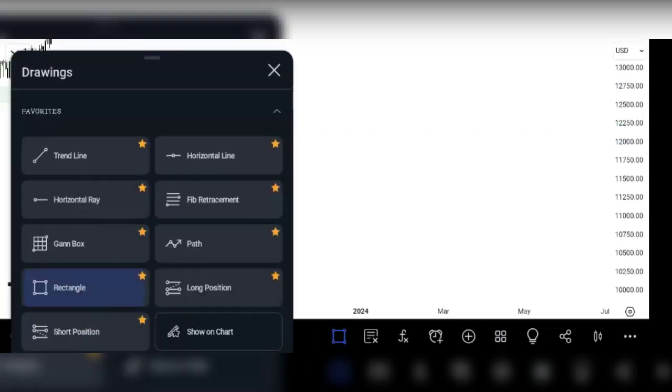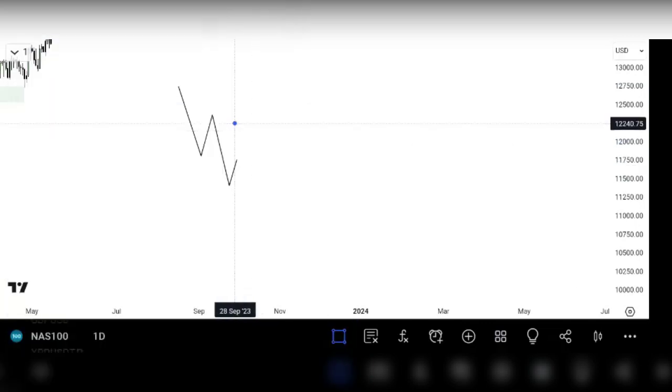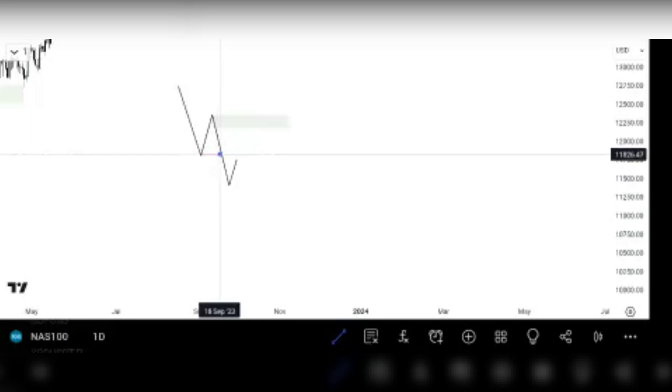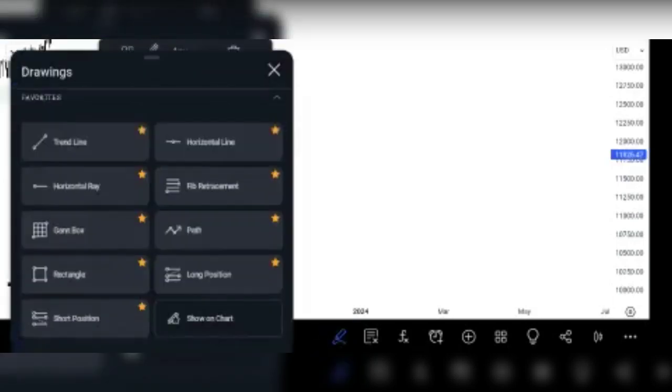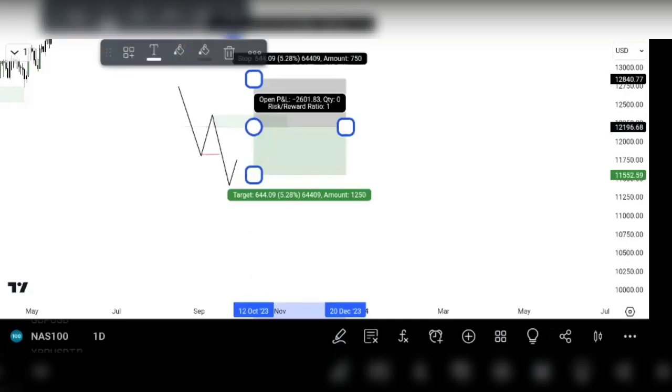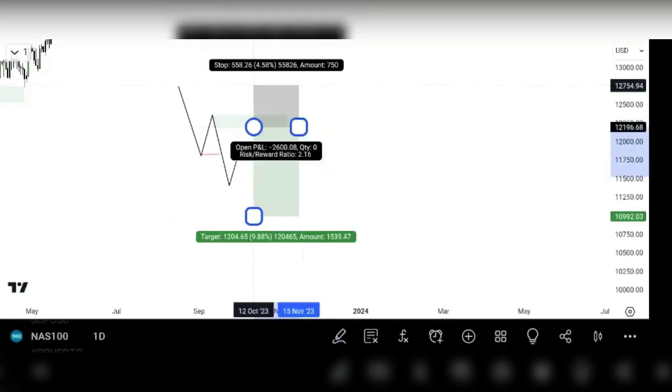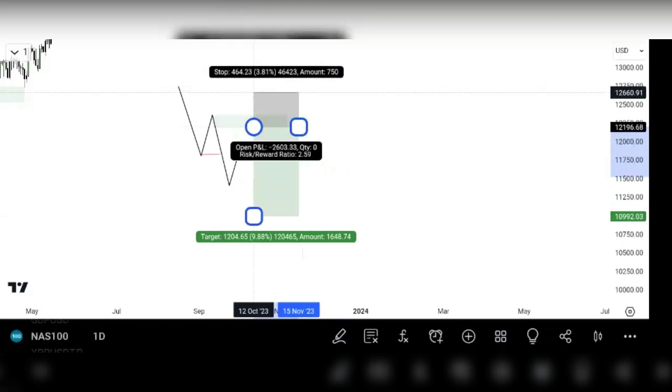You should be expecting that this point pushed forward to break this low. Then where should you be looking to sell from? You should be looking to sell from this point. Very simple. You set your stop loss, whatever.